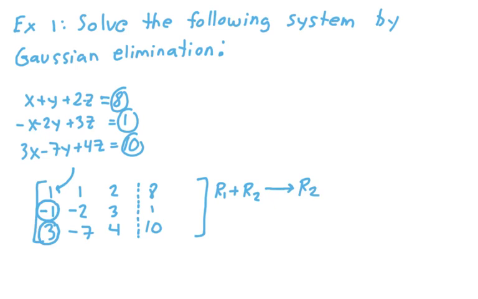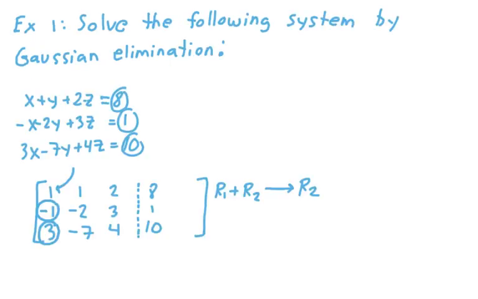When I do that, I get the following. Are we in agreement that the first row doesn't change? It's 1, 1, 2, 8. The third row didn't change. I'm going to get 3, negative 7, 4, 10. It's the second row that changed.